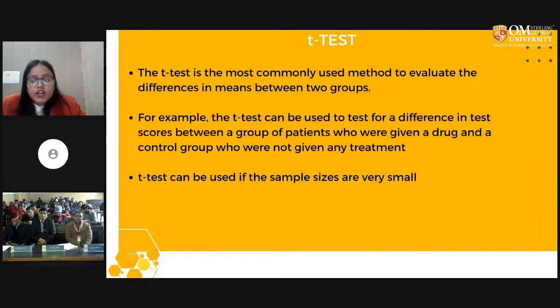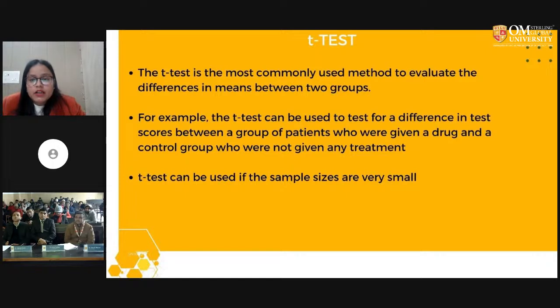When we are saying two group means, here we have two different groups. For example, a t-test can be used to test for a significant difference in test scores between a group of patients who were given a drug and a control group who were not given any kind of treatment.